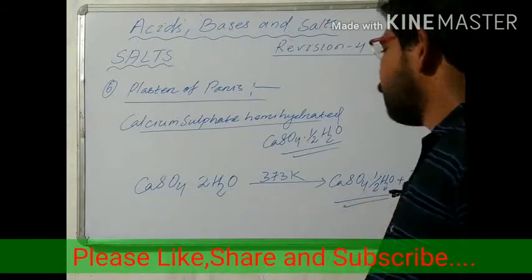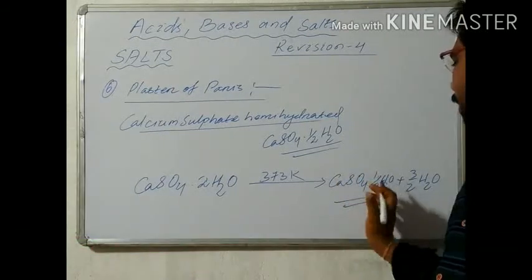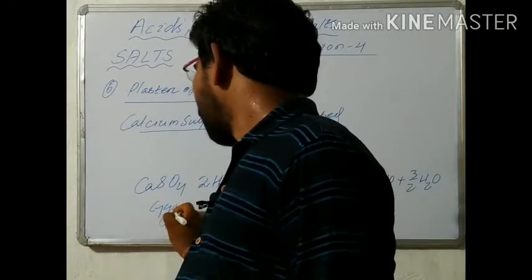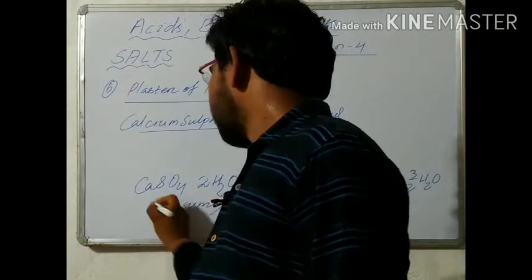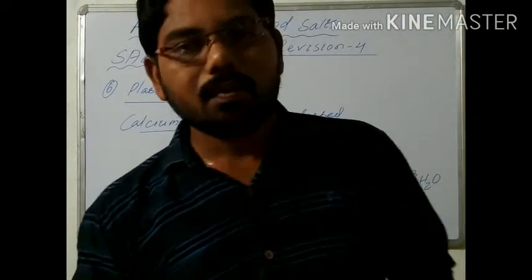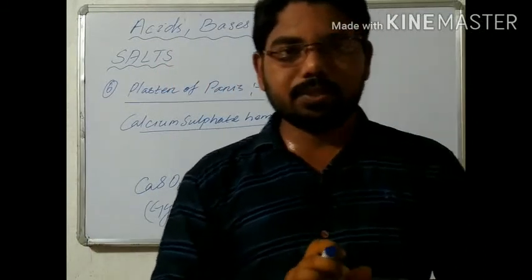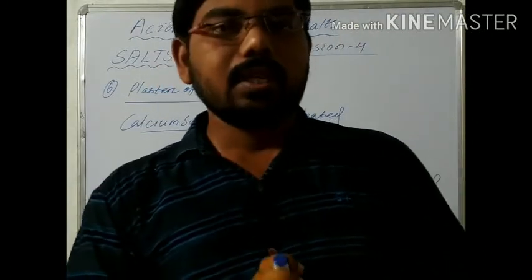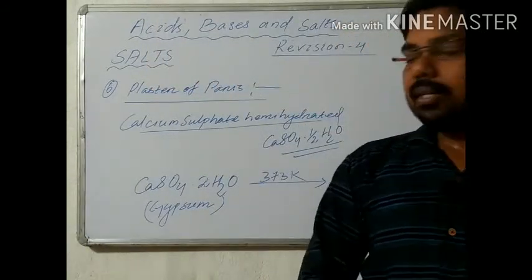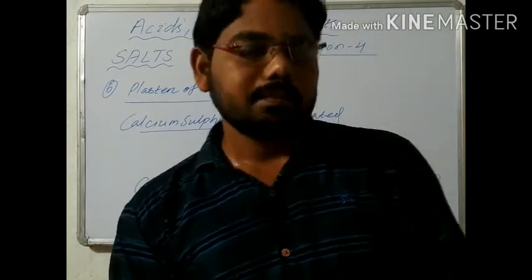And when we add water again to plaster of Paris, it changes back to gypsum. Gypsum is a hydrated salt with water of crystallization. Some compounds have water present in them, like CuSO4.5H2O, that is blue vitriol. This is the water of crystallization. It is present in crystal form, and a fixed number of water molecules are present.